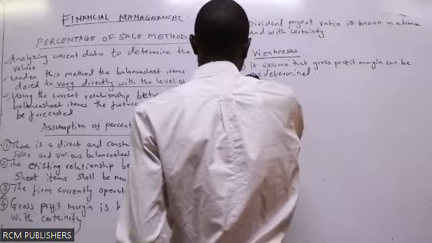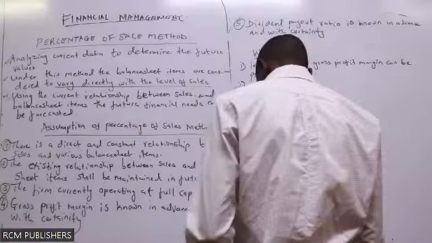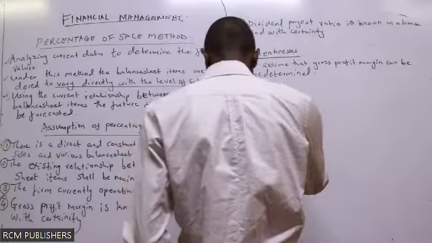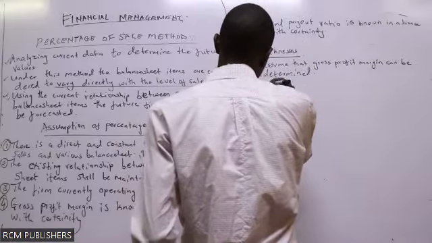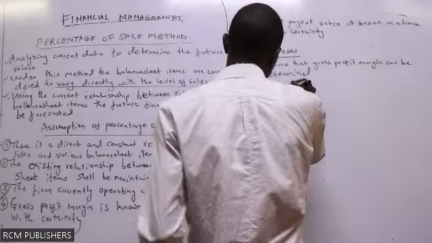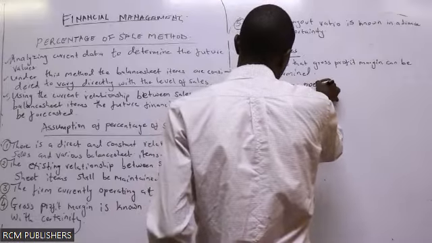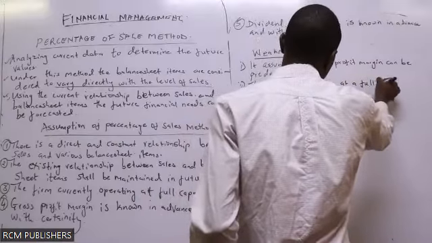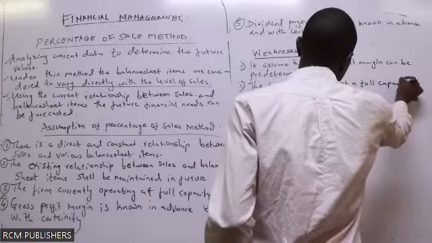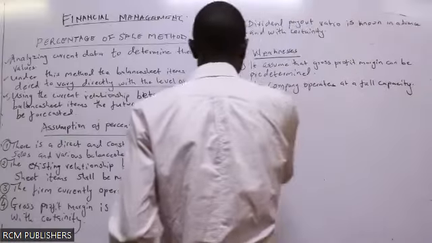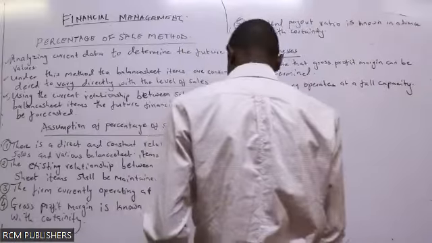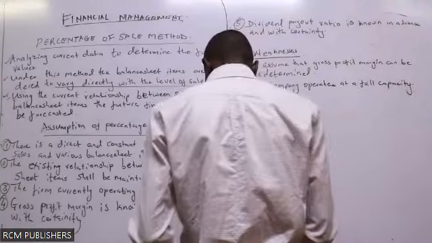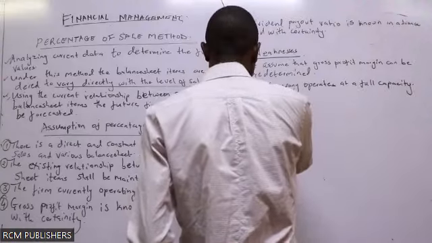That is one. Two, the company operates at full capacity. Number three, the dividend payout ratio.